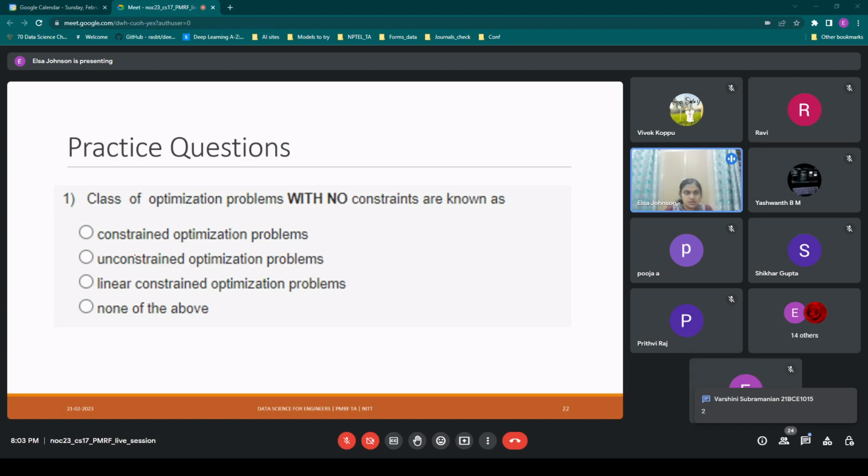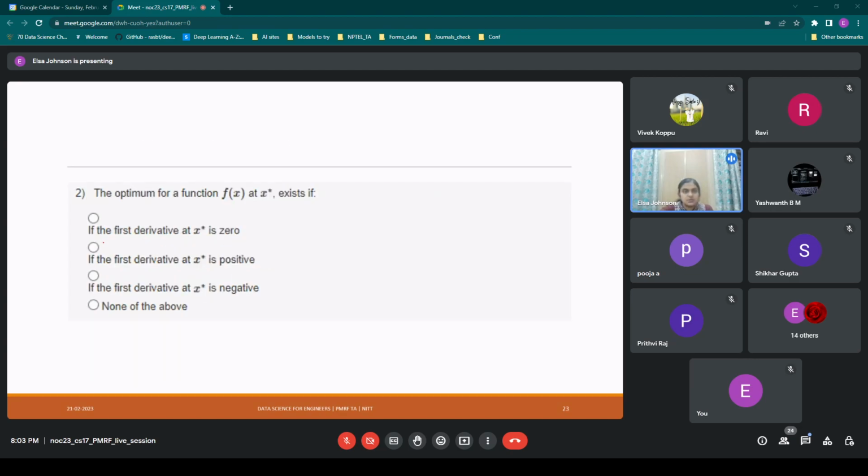It's unconstrained optimization problems. Right. Next one. Optimum of a function f of x at x star exists if, what is the necessary condition? First derivative should be... yeah, that is right.